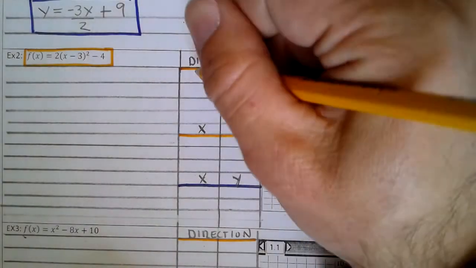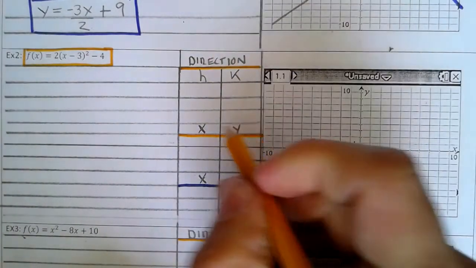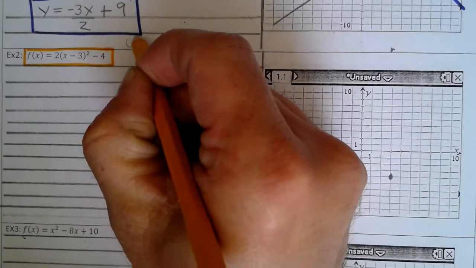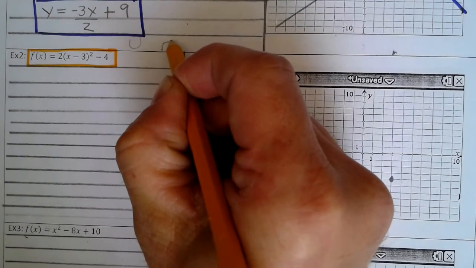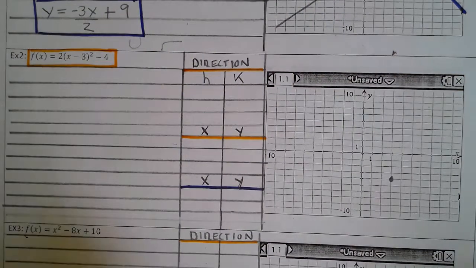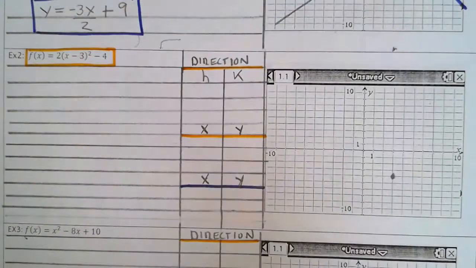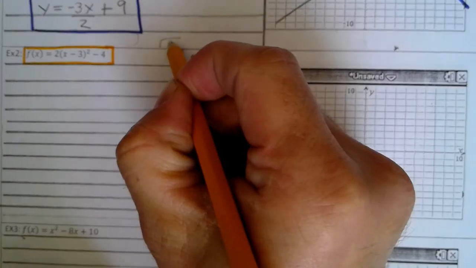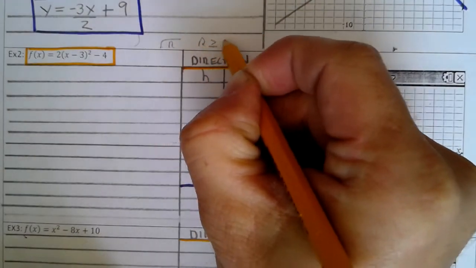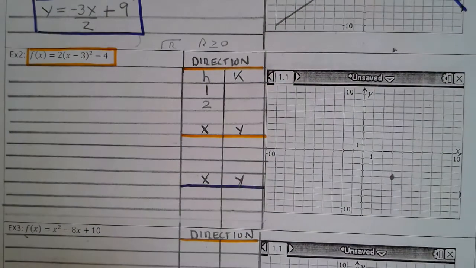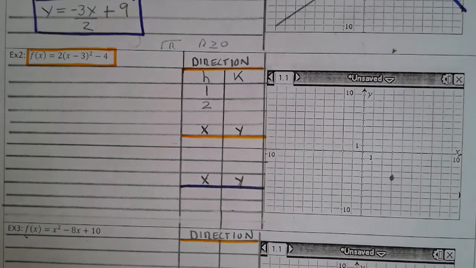So our directions are, we know h and k. Now, because we know this is quadratic, but the inverse is square root, we know we're only graphing the right side. Okay, because the radicand has to be greater than or equal to 0, so we're only using the values greater than 0.